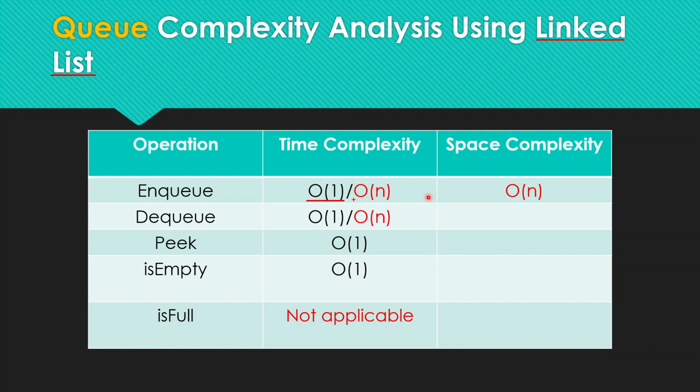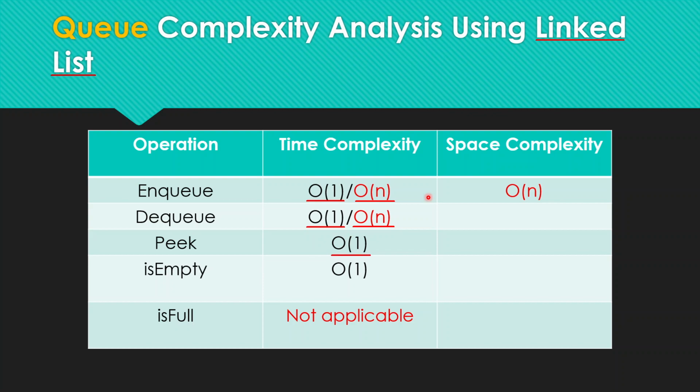But the worst case scenario, which is the most occurring scenario, is that you're going to traverse to the end of the list to add an item. So it's going to be O(n). Also for dequeuing, it can be O(1) or O(n) for the worst case scenario.